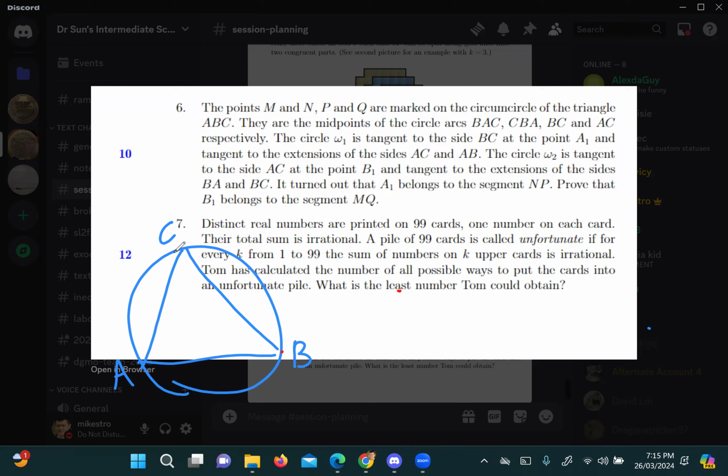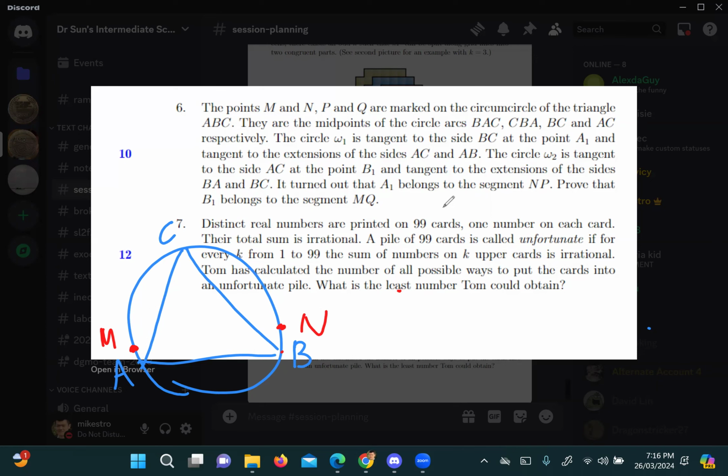Okay, so mid arc of BAC, that's M. Mid arc of CBA, that is N. So that's around here.